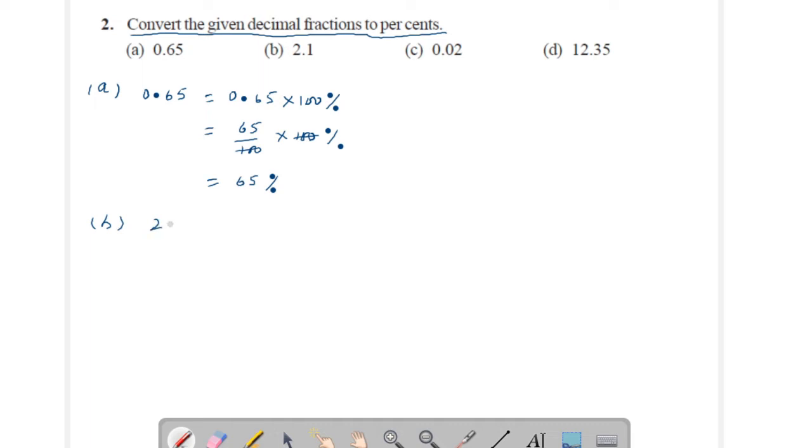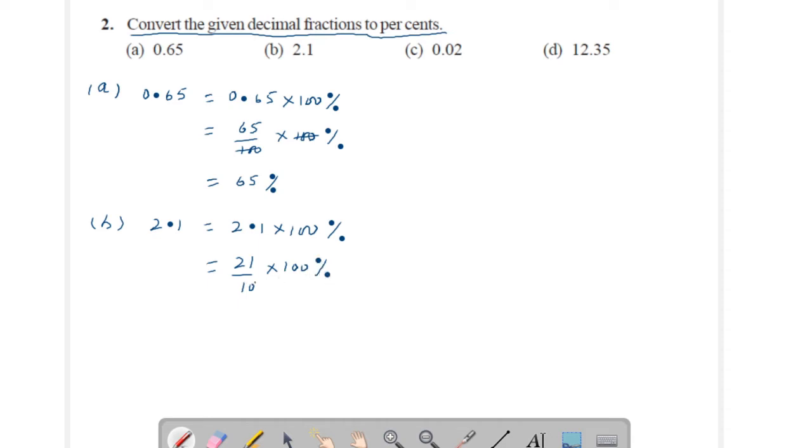Now B part, 2.1. This can be written as 2.1 into 100%. Here remove the decimal. This can be written as 21 upon 10 into 100%.